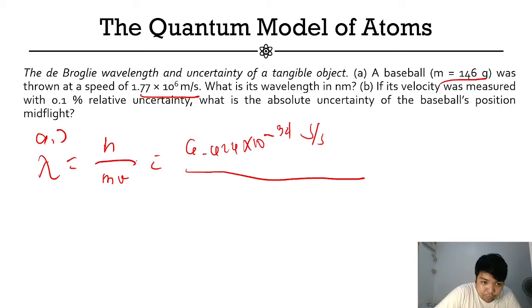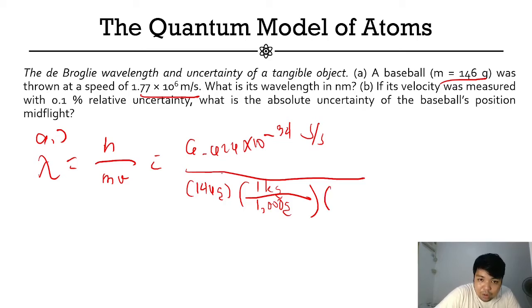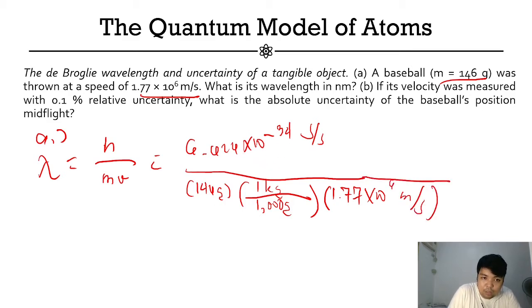We have 146 grams, and 1 kilogram is equal to 1,000 grams, multiplied by the velocity, which is 1.77 times 10 to the 6 meters per second.